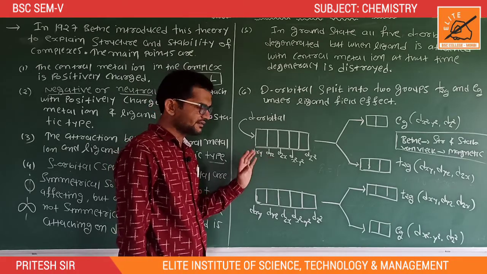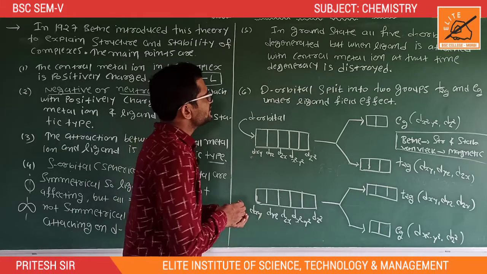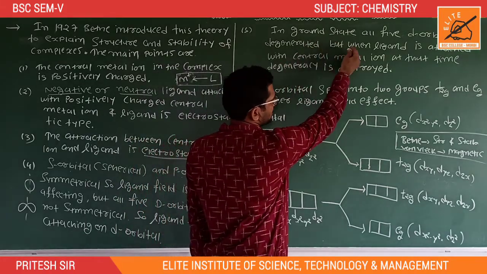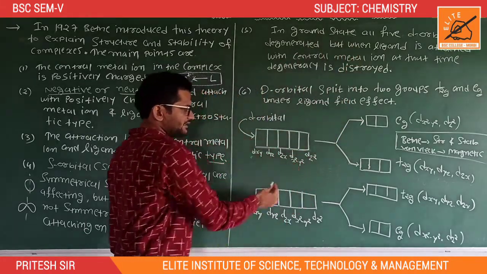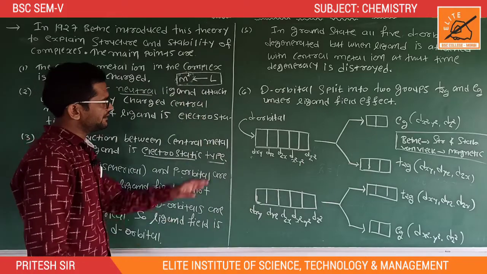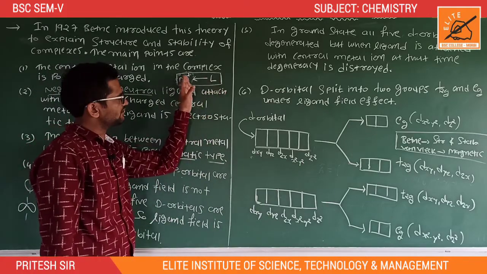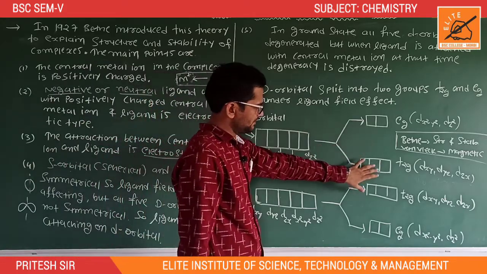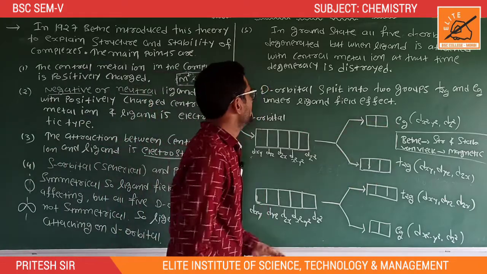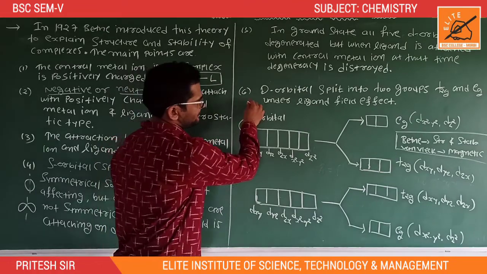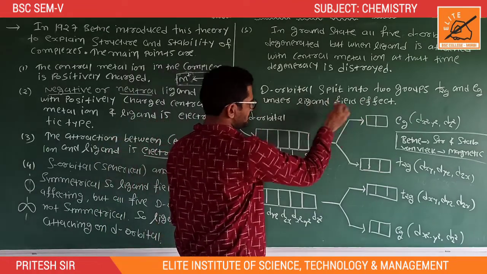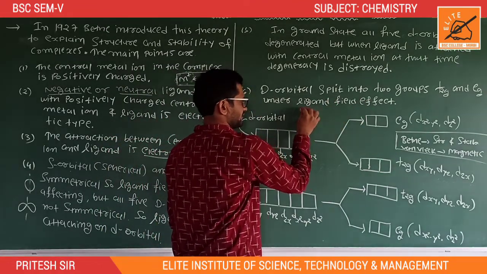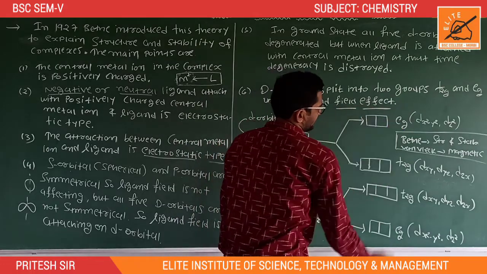It means degeneracy is destroyed. Okay, so the fifth point is in ground state all the 5 d orbitals are degenerate, but when a ligand is attached with the metal ion, the d orbital further splits into two terms, t2g and eg. So the sixth point is the d orbital splits into two groups, t2g and eg, under the ligand field effect.